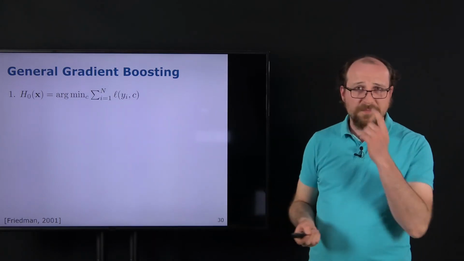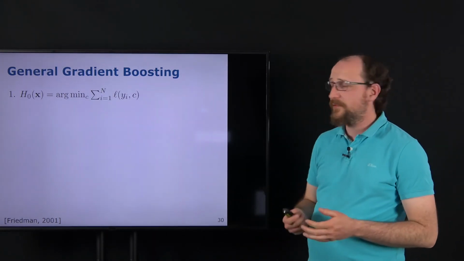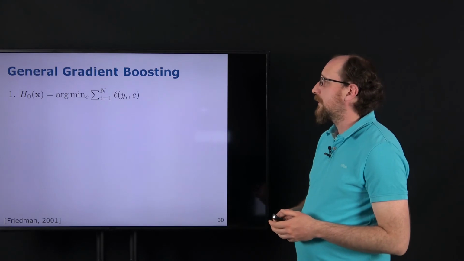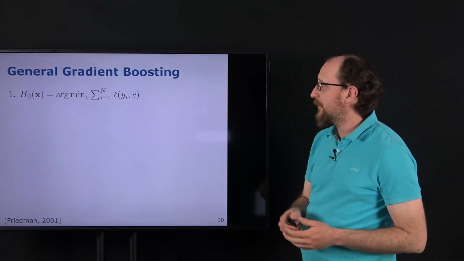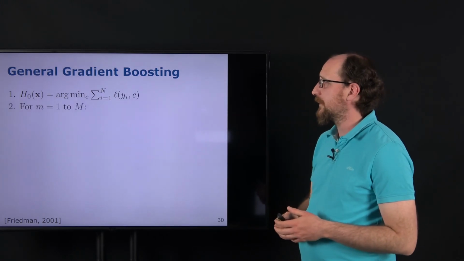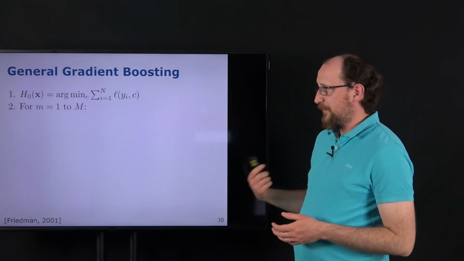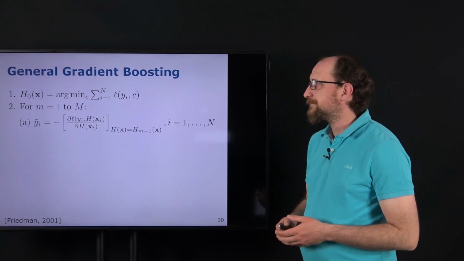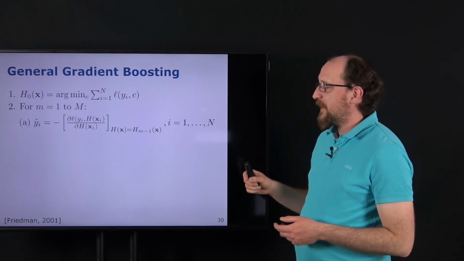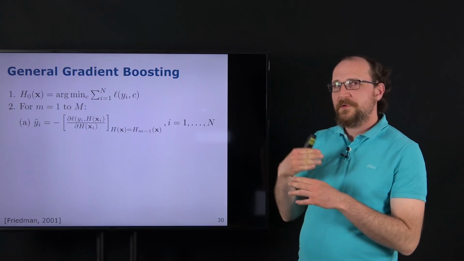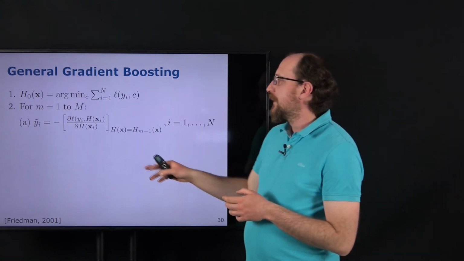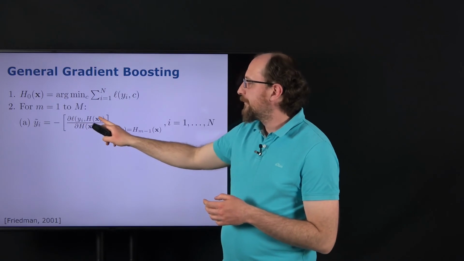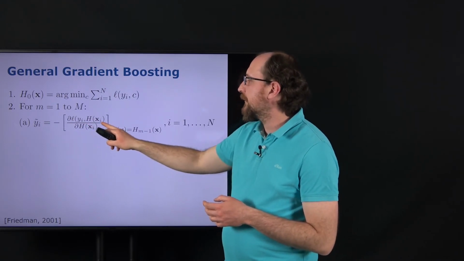It can be an arbitrary loss, so the L2 loss, or the cross entropy loss for classification, but we come to this in a bit. Again, we do the stage-wise optimization. Then comes the part with the difference between what we currently have and what we want. This is the gradient with respect to the loss over h of xi.